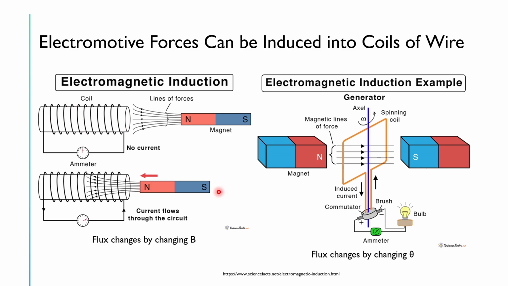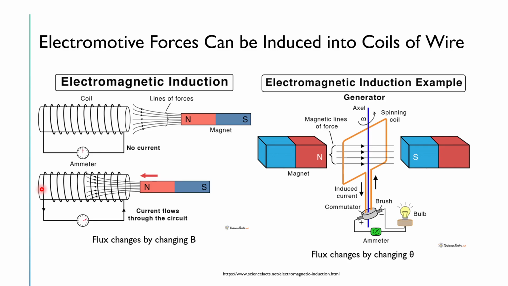But as we push the magnet towards and potentially inside the coil, the magnetic field that is near those wires is going to increase. So because we've gone from pretty much no magnetic field to a higher magnetic field, the flux will increase.